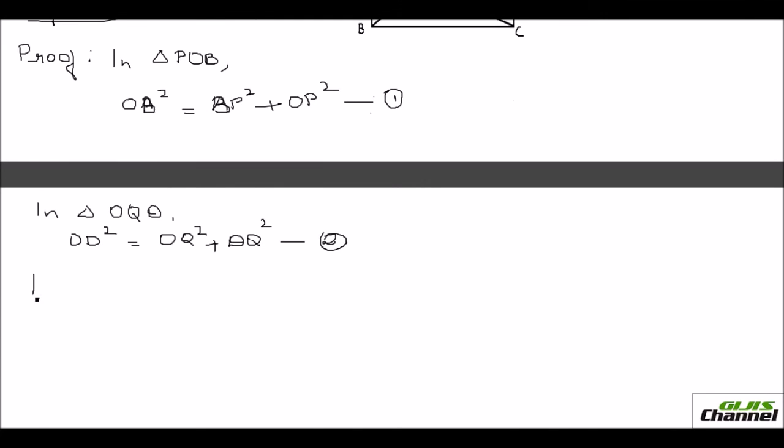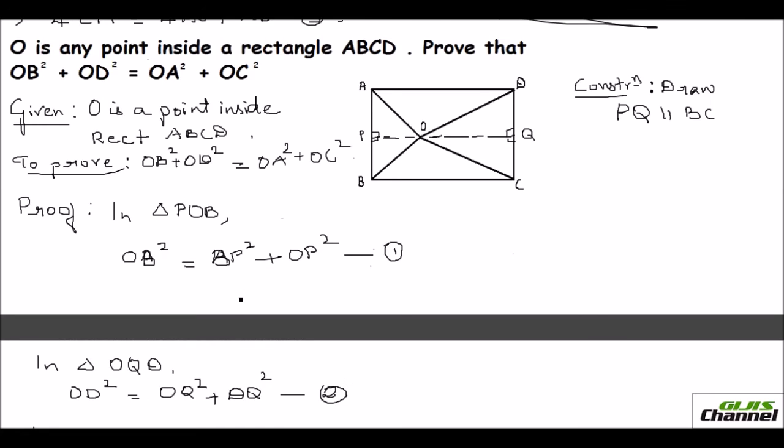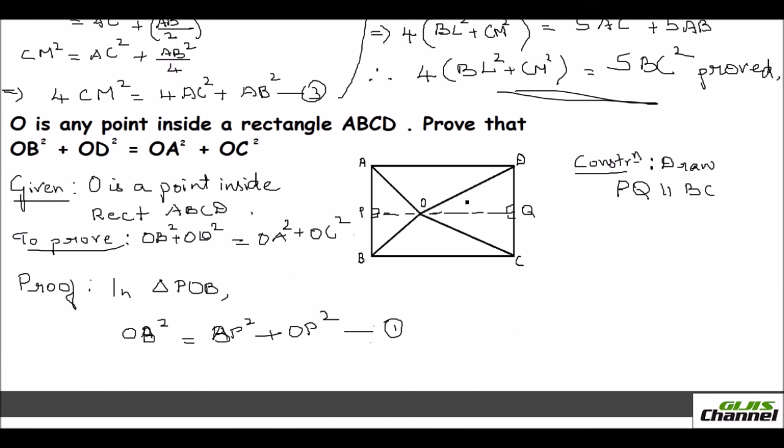Then next in triangle OQC, OC square is equal to OQ square plus QC square.